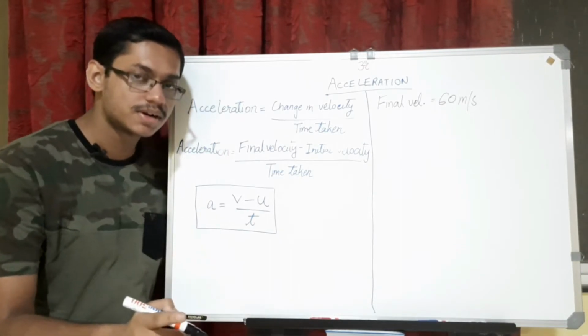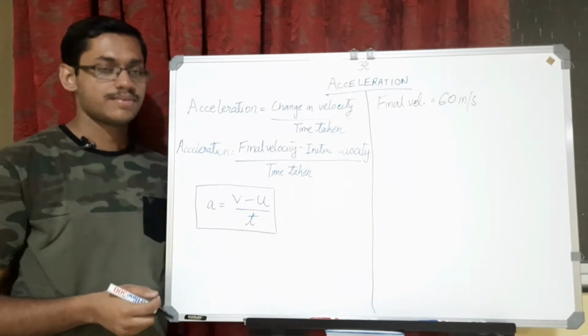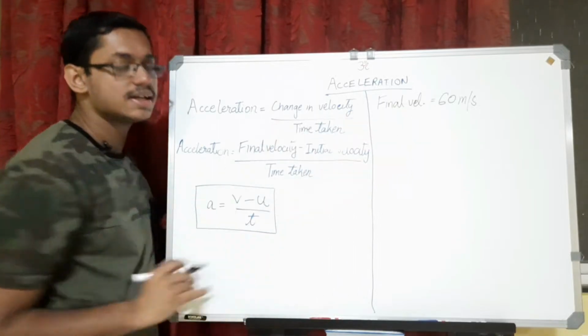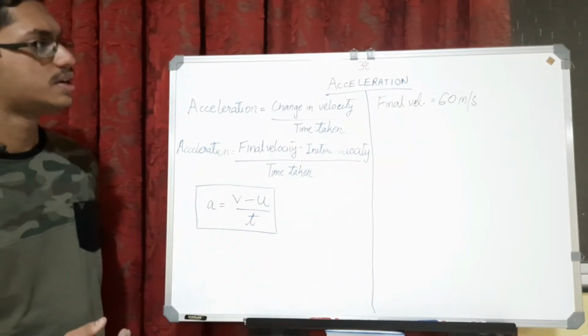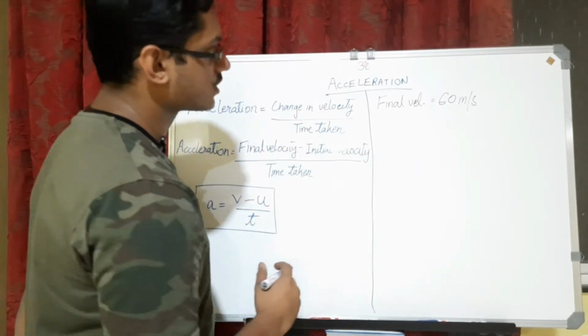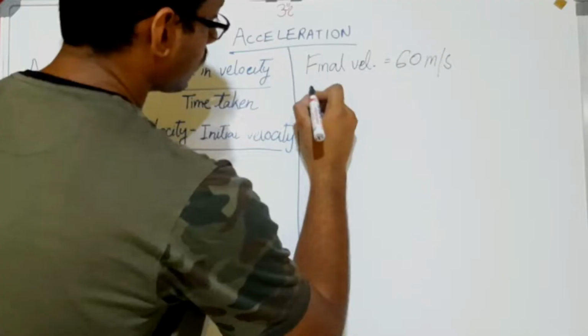Is kilometer per hour an SI unit? No, it is not an SI unit. But meter per second is an SI unit. You know that because meters and seconds are SI units. Anywhere in the world it is accepted. So 60, we will write it like this.